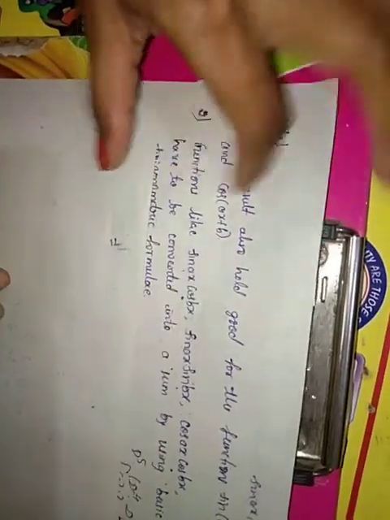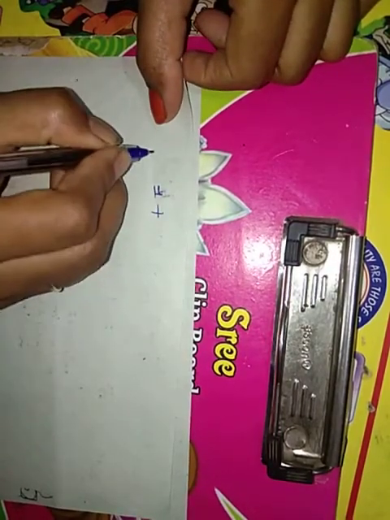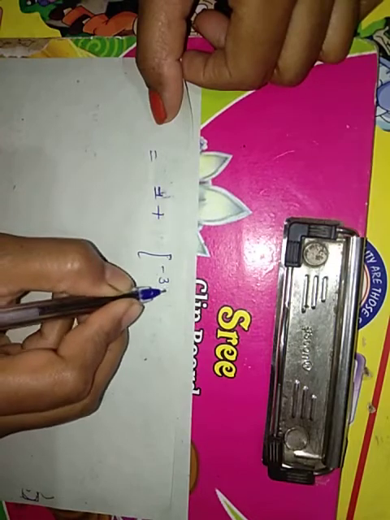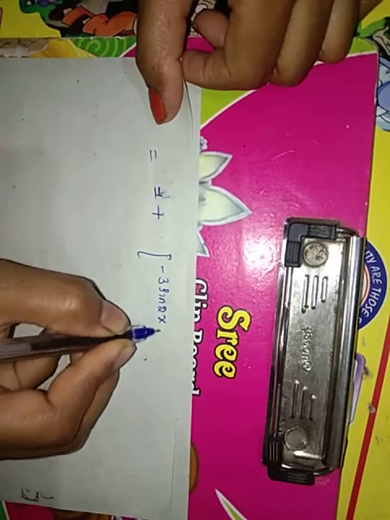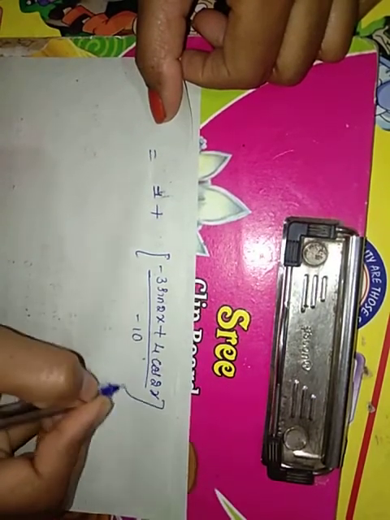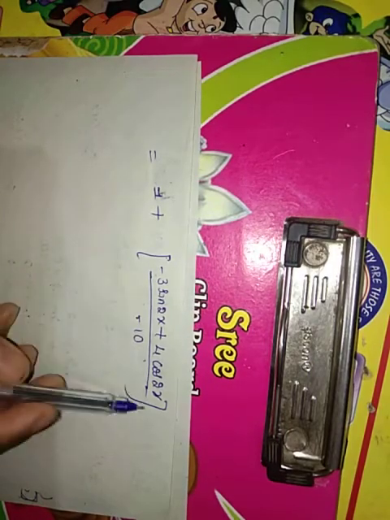So particular integral is equal to 1 plus minus 3 sin 2x plus 4 cos 2x minus 10. I will take this minus sign multiplication to the numerator.